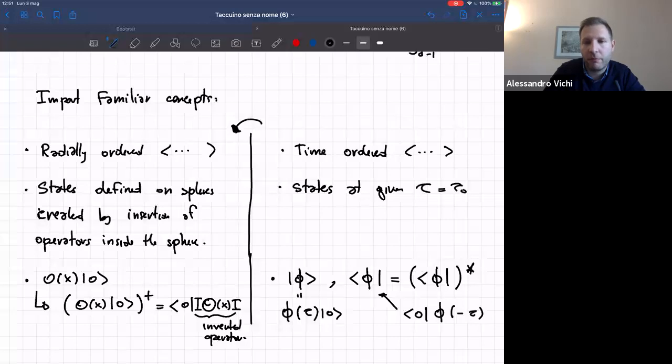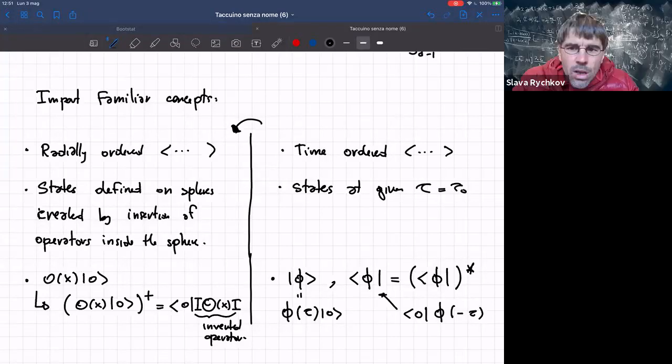We would like to bootstrap conformal field theories in flat d-dimensional space, but also on other backgrounds.